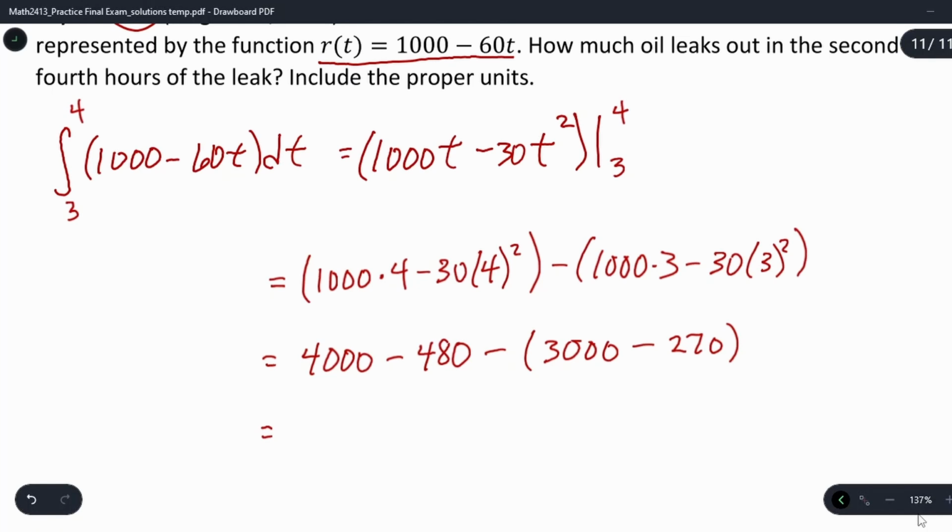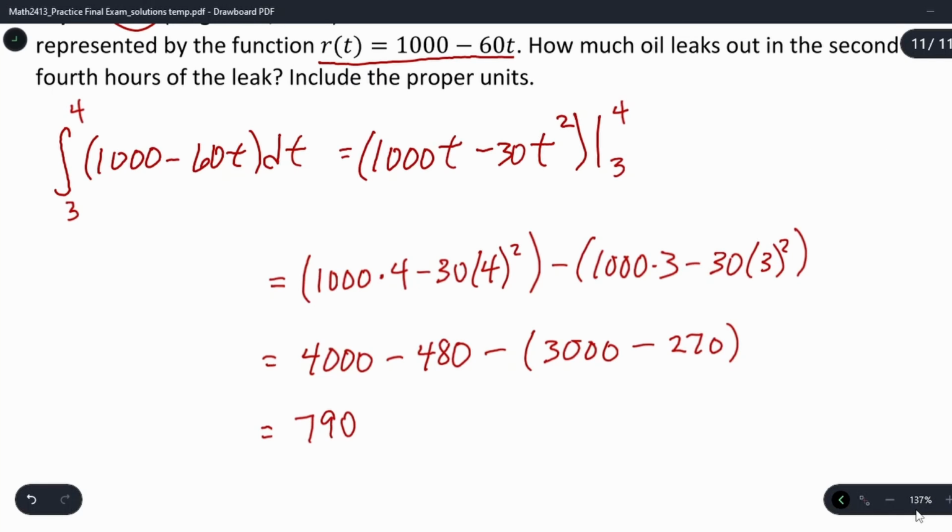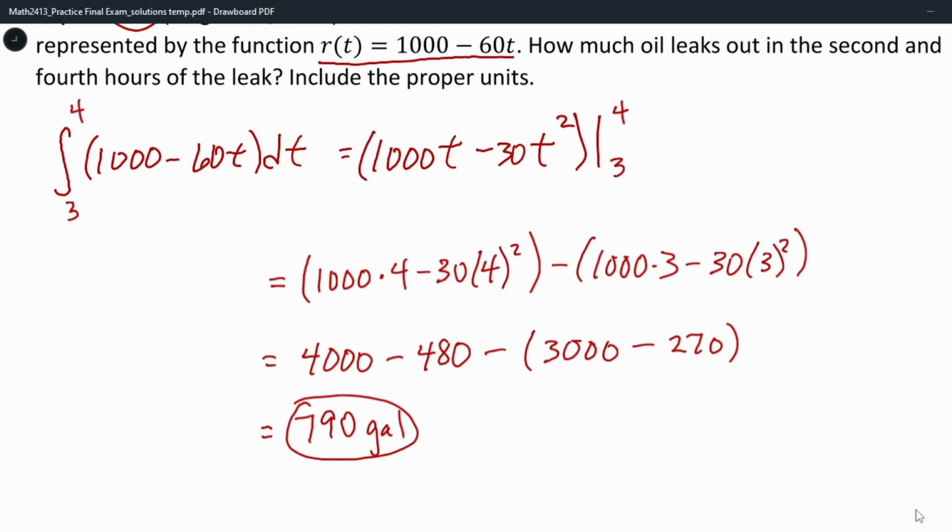And I think then I'll grab the calculator. 4000 minus 480 minus parentheses 3000 minus 270 gives us an answer of 790. 790 what? Gallons of oil that we lose in the fourth hour.